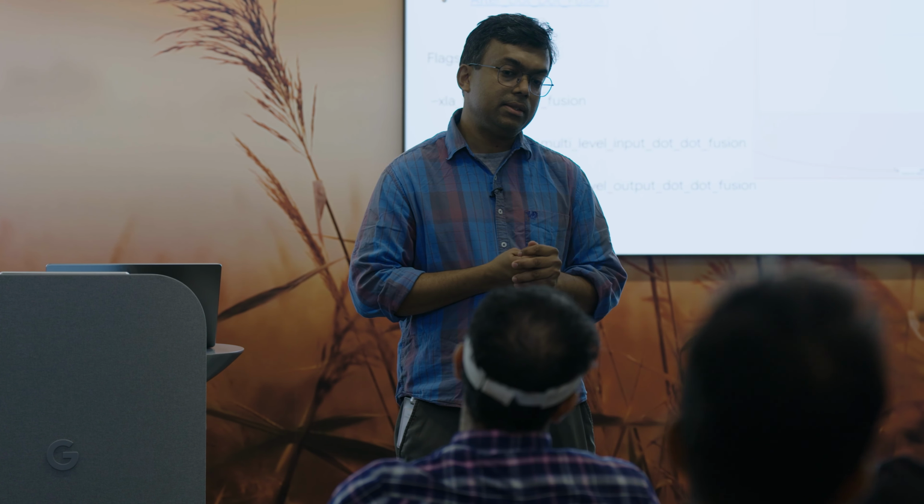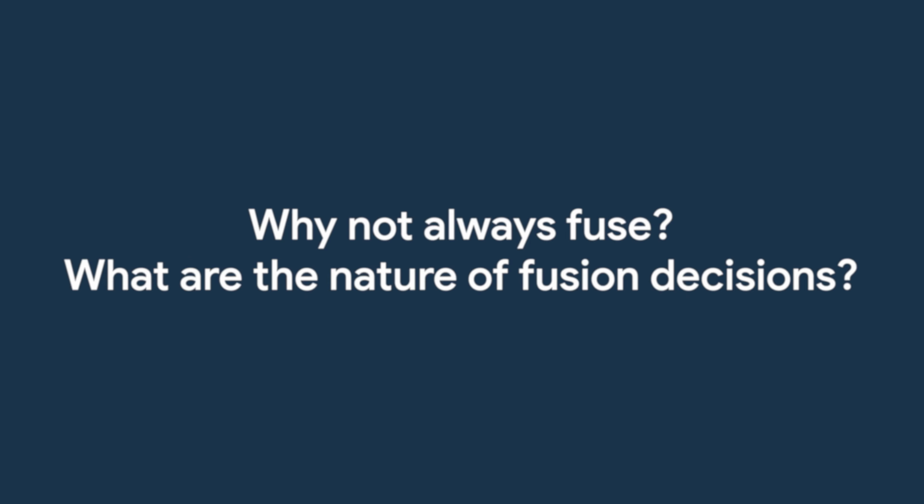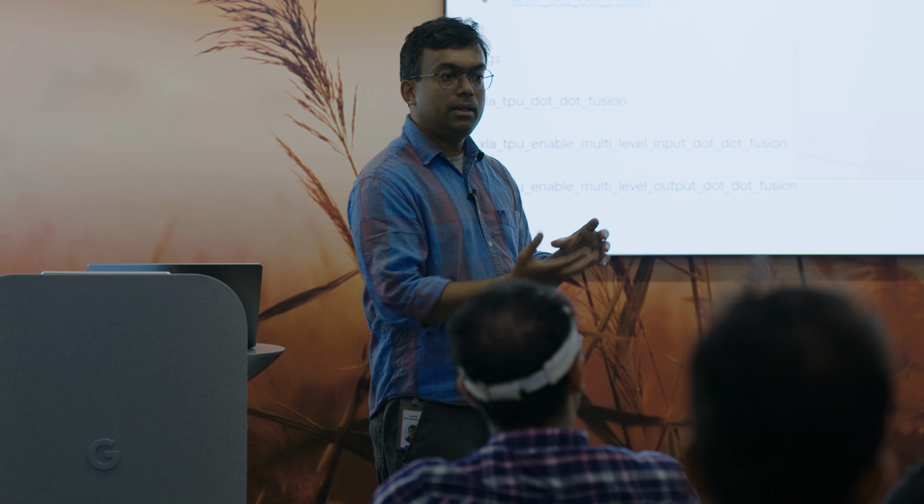You can have more than two, so you can go as deep as you feel is necessary, if the structure of your dots allows it. Again, when you fuse, you're increasing live range. HBM pressure is one metric.